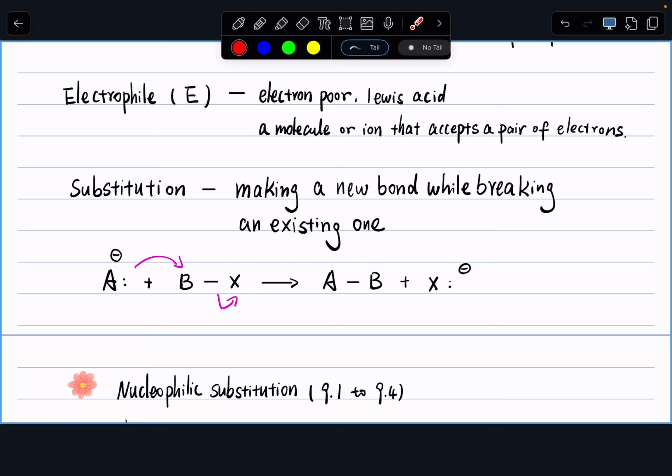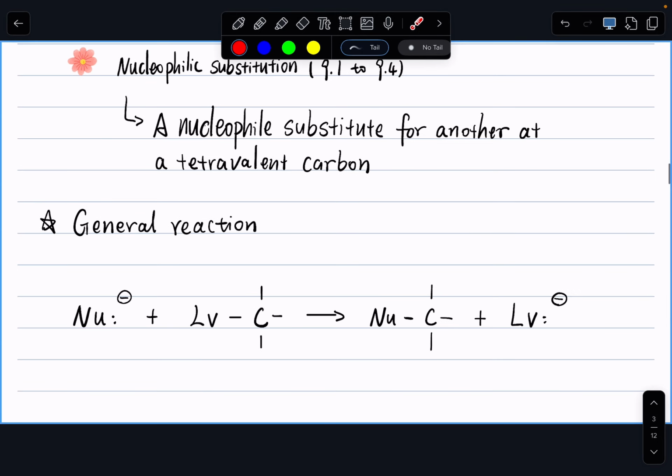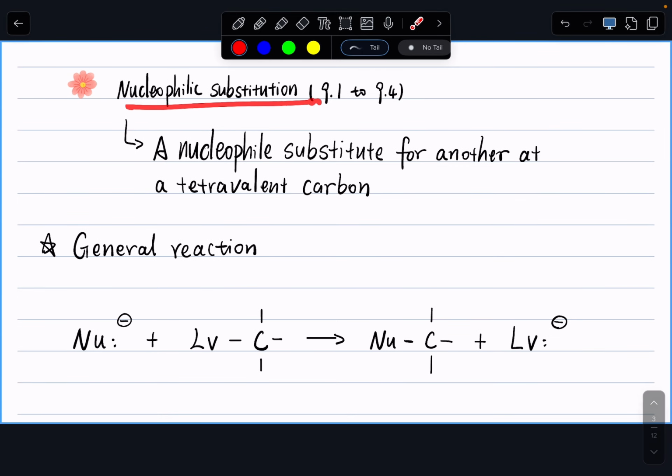That comes to the idea of nucleophilic substitution and the two reactions of interest.